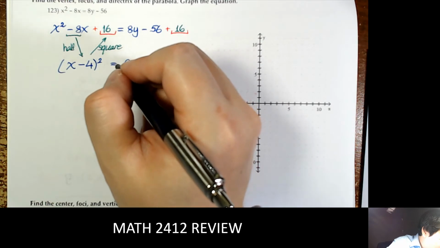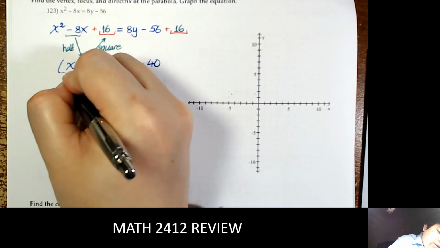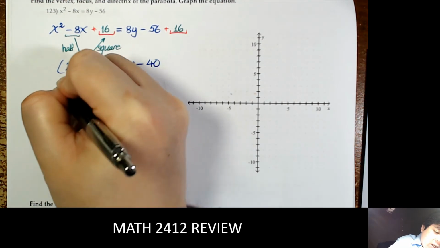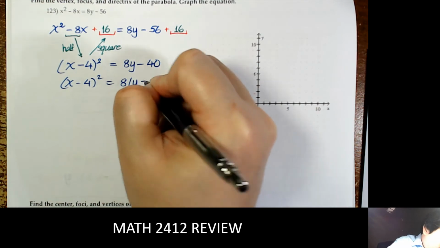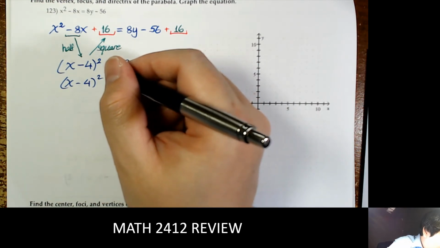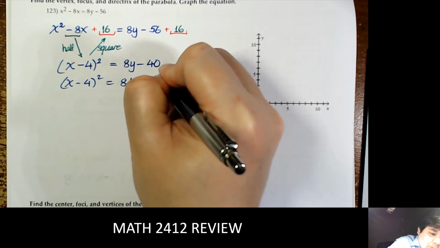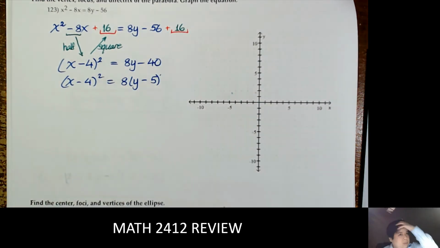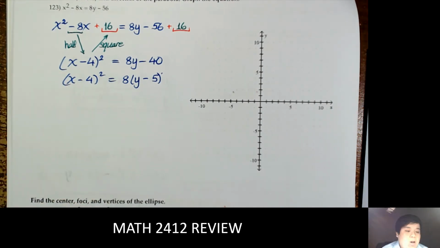So here we will rewrite this. We will have (x minus 4) squared, factor out the 8, we have y minus 5. Right, so that's what we have. Now we have x squared here. That obviously is going to be a parabola that opens up or down.